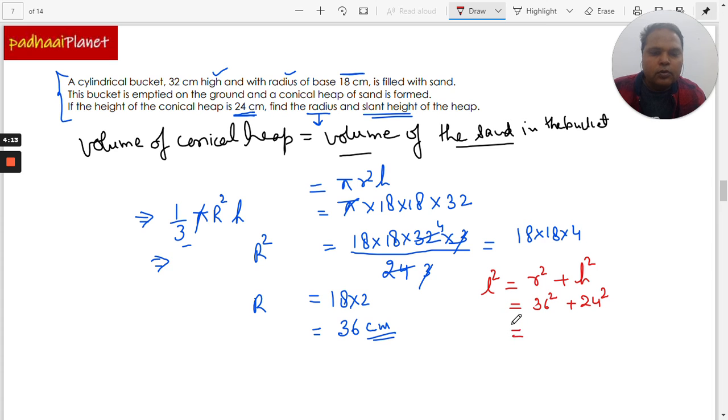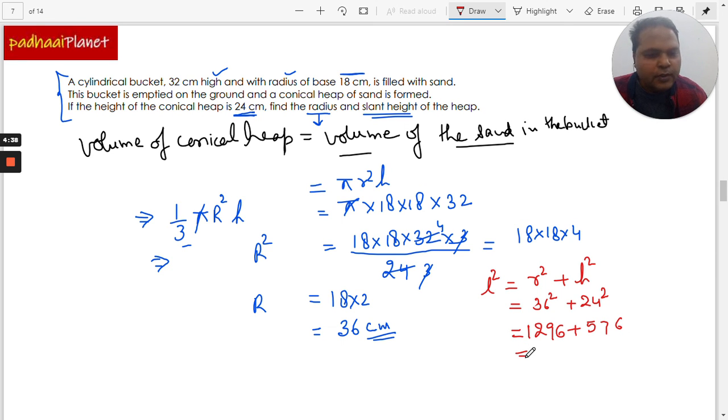So the square of 36 is, we'll just find it out quickly. We'll have to take the help from the calculator. So that's 1296 and plus this is 576. So let's add both of them.